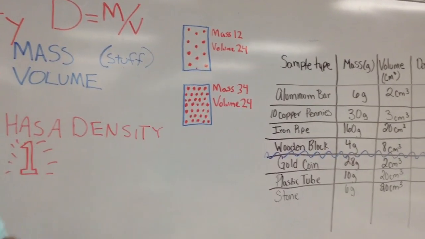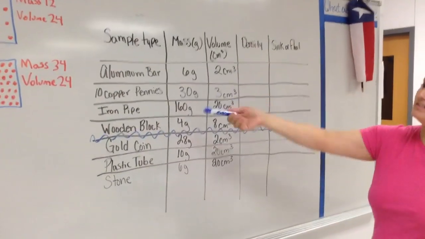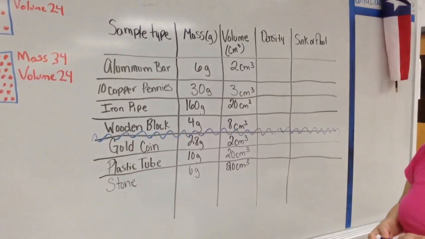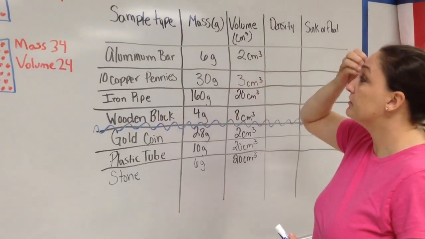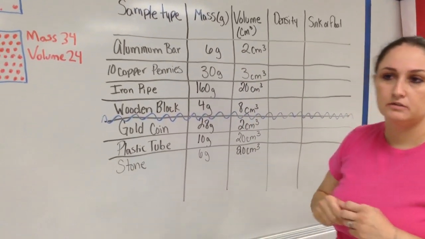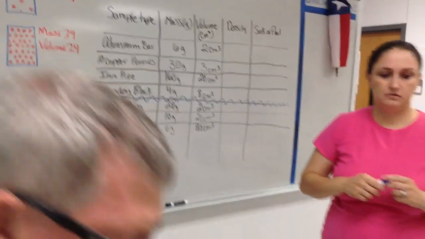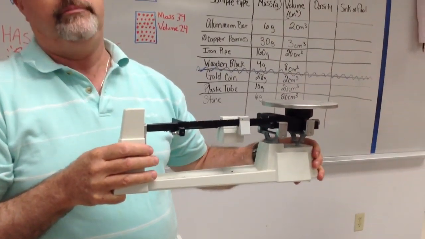So would you like to work on the problems there? We're trying to figure out the density of a couple different things. What we've done is already measure the mass and the volume. Now, how would we measure mass? We would use a device called a triple beam balance.